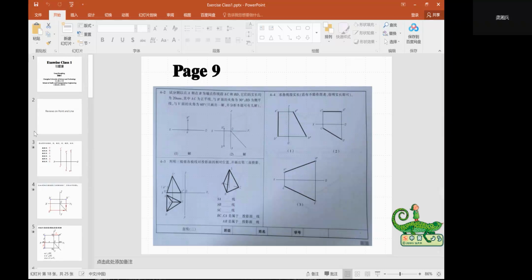During those weeks, we have no class, no exercise. You should try your best to review those PowerPoints by yourself before you do the final examination.